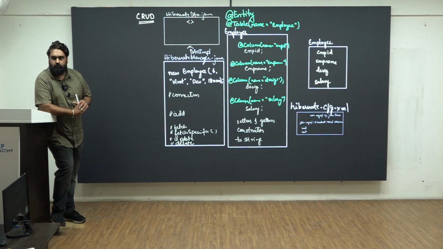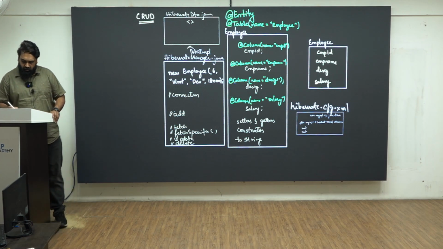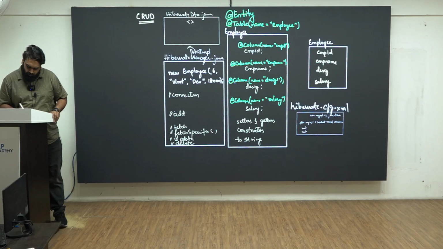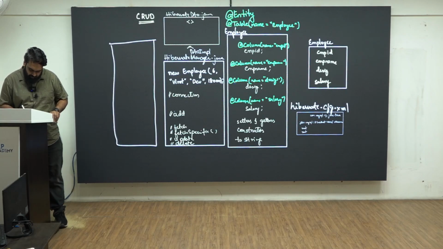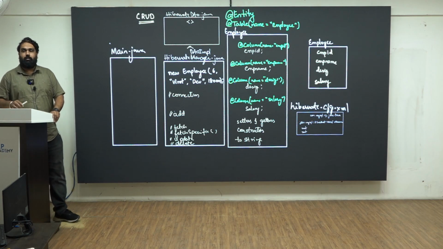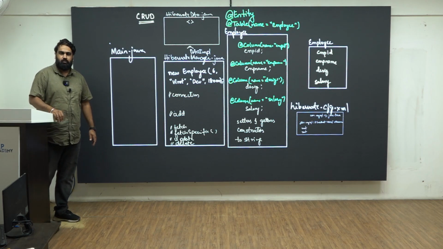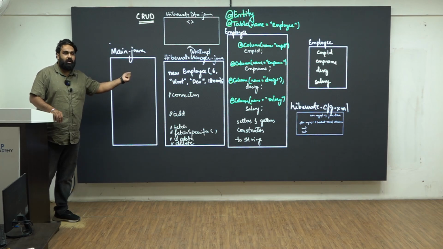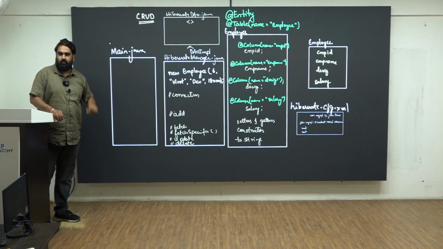Hello? So for now, I will tell, in order to execute this, there is one main method. Main method, I have written it in a different class, which I will call it as main.java now. Main.java, what will it do? It will simply invoke a method, the method will execute.